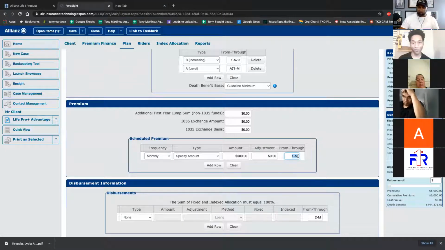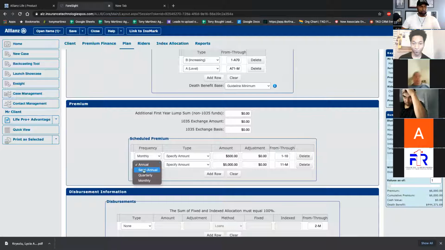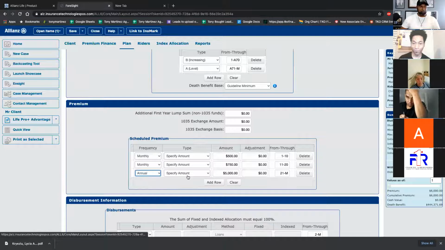So let's increase contributions from 1 to 10, first 10 years. And I'm gonna hit add row. Let's go back, let's go monthly again. And now instead of 500, let's do 750. And let's do that from policy year 11 to policy year 20. Let's add another row, another monthly payment. Now let's go from 750 to 1,000. You see how every 10 years you just go up by $250?